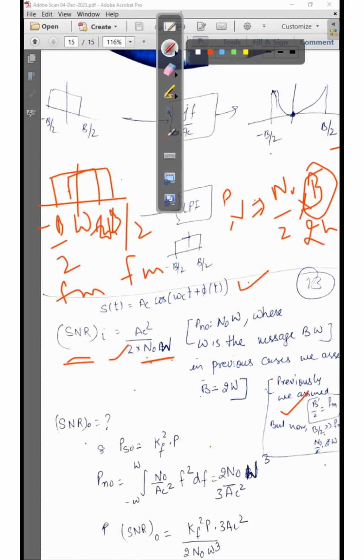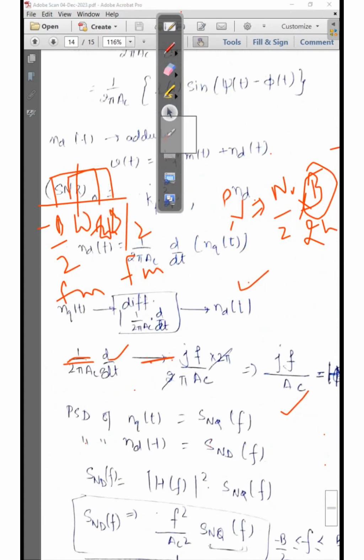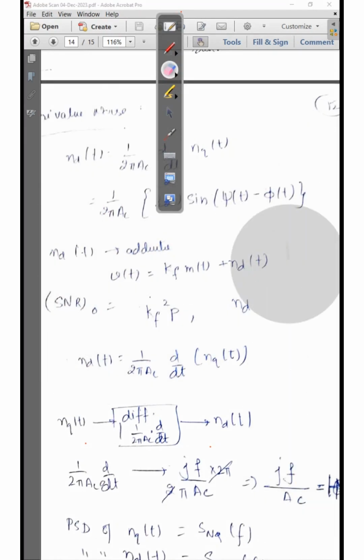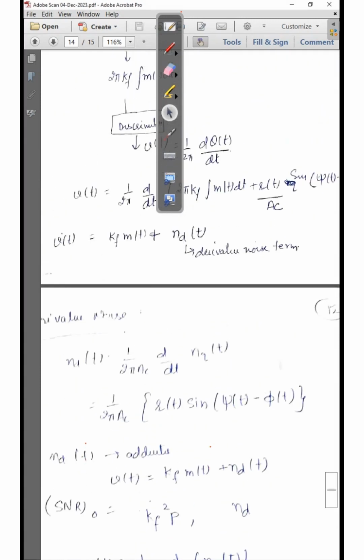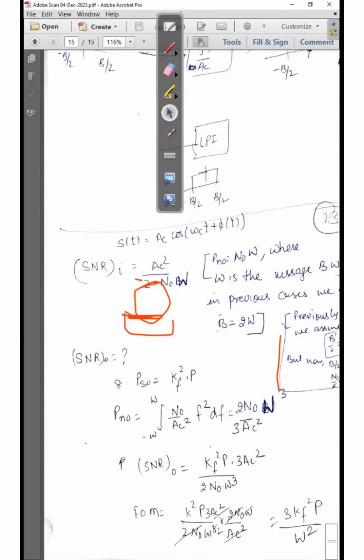See, if P is the average power of M of t, the average power of signal in this component becomes Kf square into P. So I am finding it is Kf square into P.